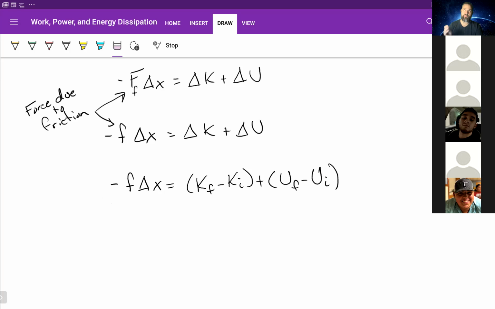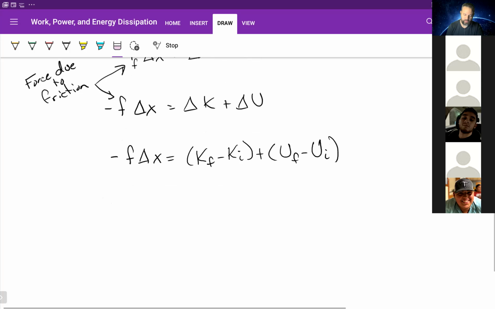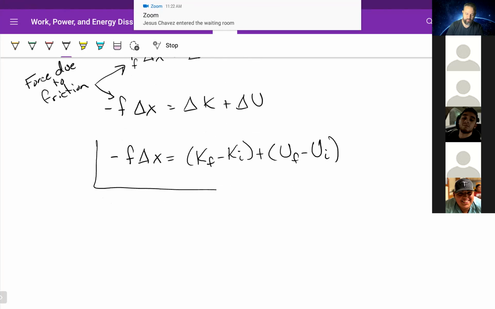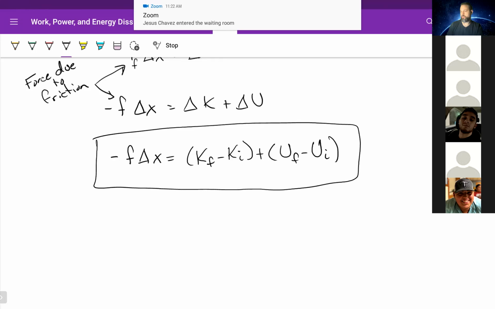So it'd be negative B times V or negative C times V squared, depending on what's going on. So if we were dealing with drag and friction, it would be negative F delta X minus C V squared, right? But generally speaking, this is what we'll use when we're dealing with non-conservative work.